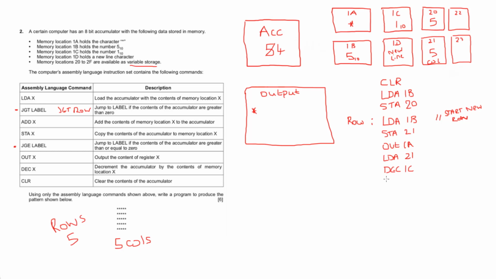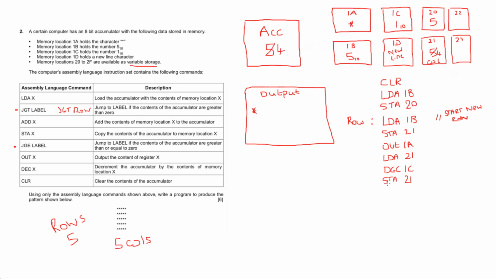So decrement by 1C, then store it back in its register again, in register 2-1. That means it would go to 4, because the accumulator gets copied back into 2-1.